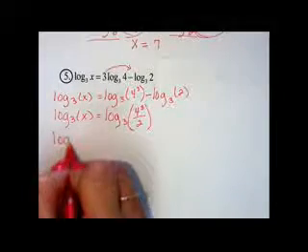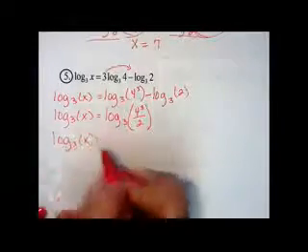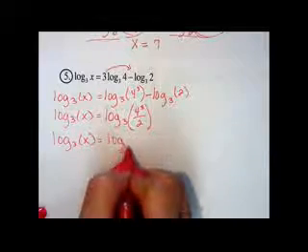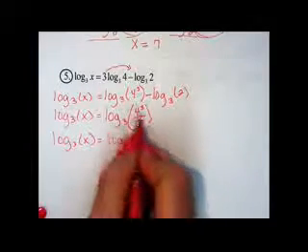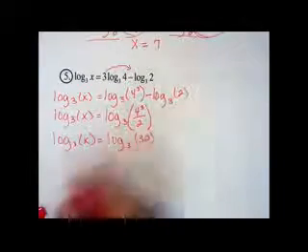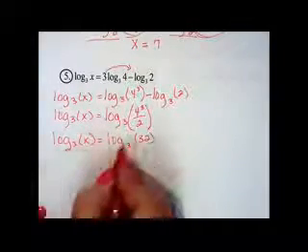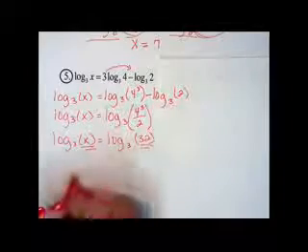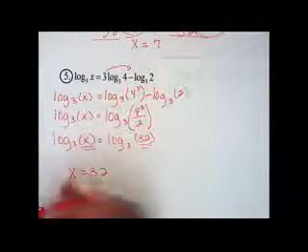So we have log base 3 of x equals log base 3 of, well, 4 to the third power divided by 2 is 32. Therefore, since the bases are the same, this has to be the same as this. So x equals 32.